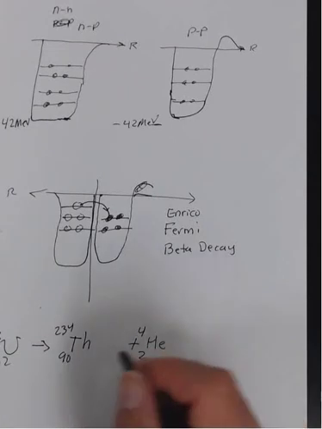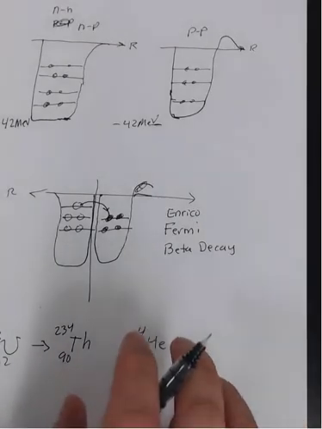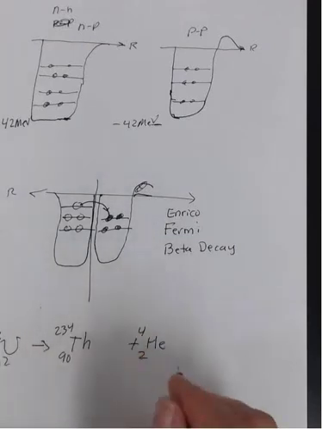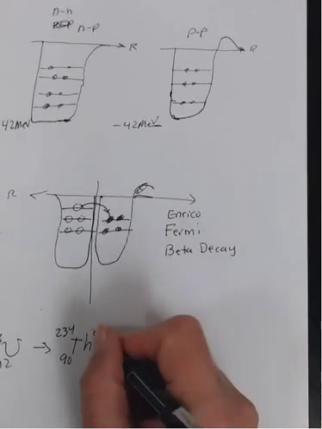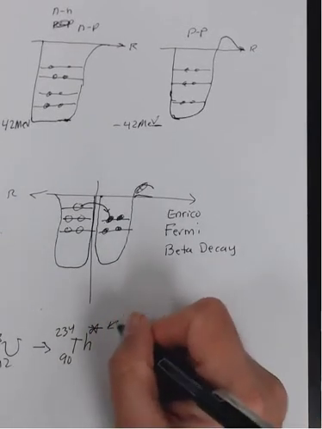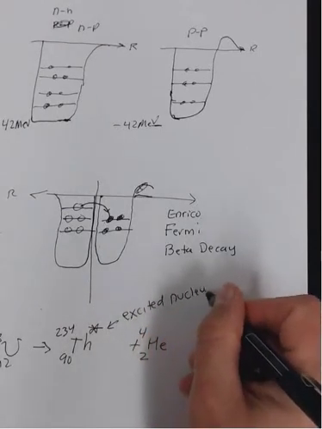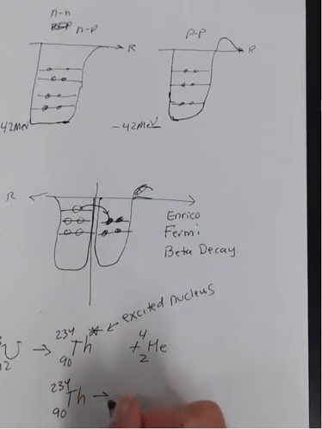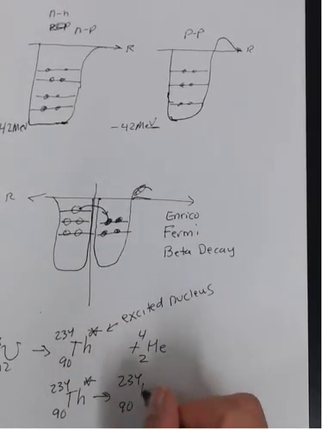So you get the helium, but sometimes the nucleus will be excited after the change and will not have gone down to its ground state energy yet. So the excited nucleus of the daughter is left, and as it settles down, it will throw out a gamma ray.